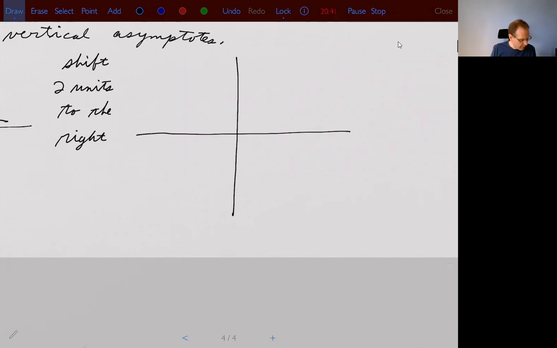Instead of my vertical asymptote being at x equals 0, right, being the y-axis, I'm going to shift it to the right by 2 units. So the function will now look like this, right?